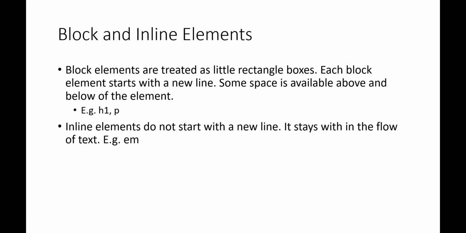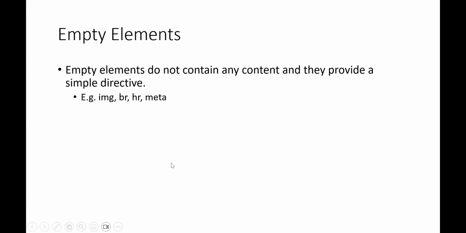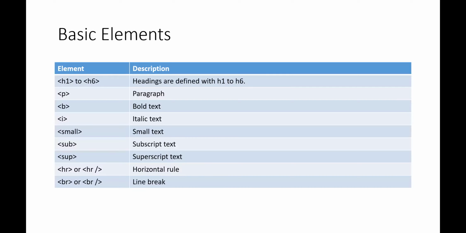And then there are inline elements, where we don't have to start with a new line. Like emphasize, bold, italics, right? They are known as inline elements. So these are the two types that we normally see. And then we talk about empty elements when you don't have a close tag.